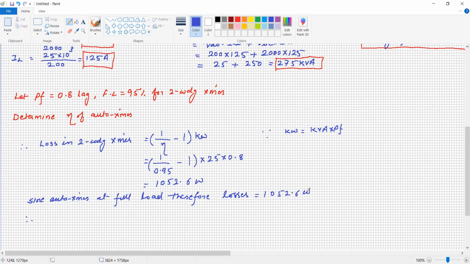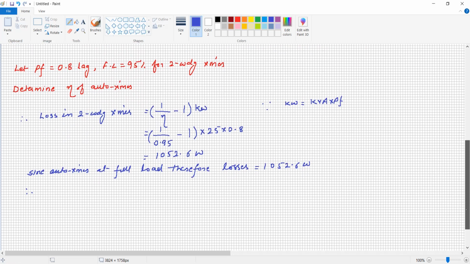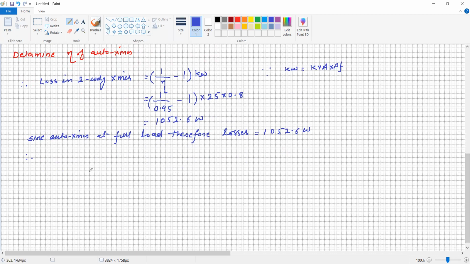It is the iron plus copper losses, total losses. So under such a condition, the efficiency of the auto transformer equals kVA of the auto transformer multiplied by power factor multiplied by 10 raised to 3.